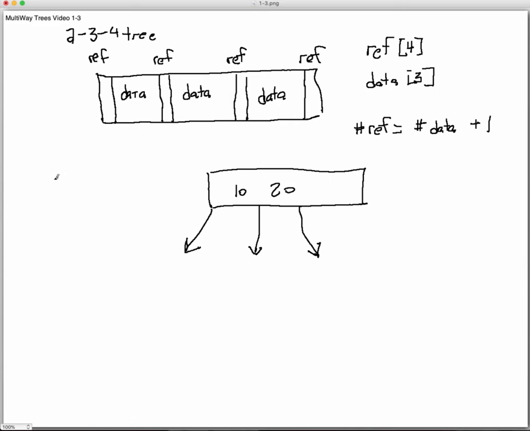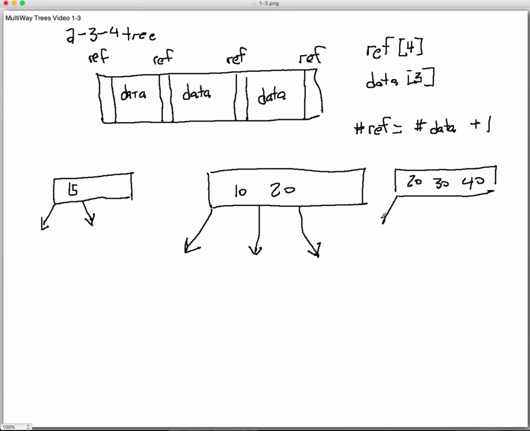If I had something over here with just like a 15 in it, there would be a reference there, and there'd be a reference there. If I had a node over here with a 20, 30, 40 in it, then there would be a reference here, here, here, and here.